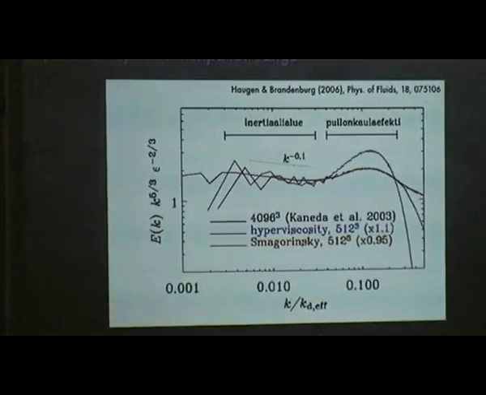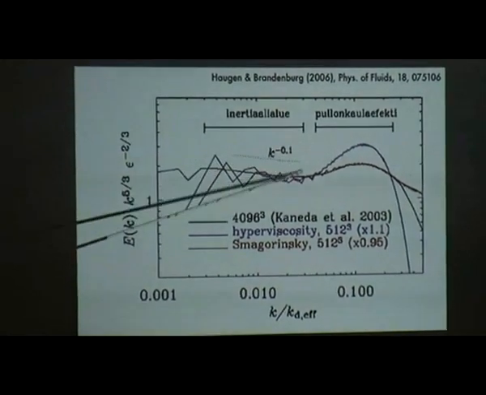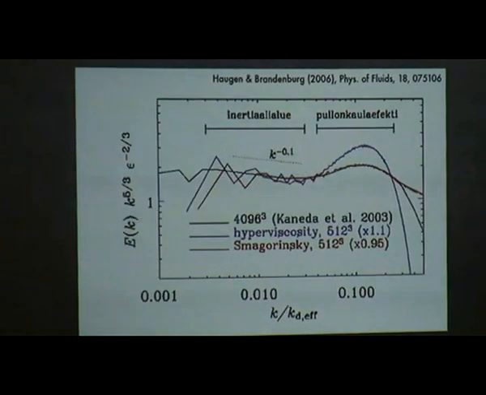And what this bottleneck effect is, is that you see this bump here on the spectrum, and it basically tells you that the turbulence has difficulty getting rid of its energy near the dissipation range.